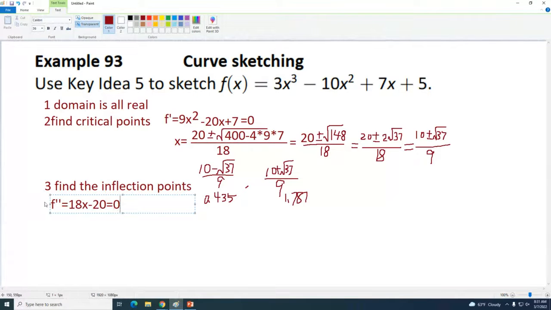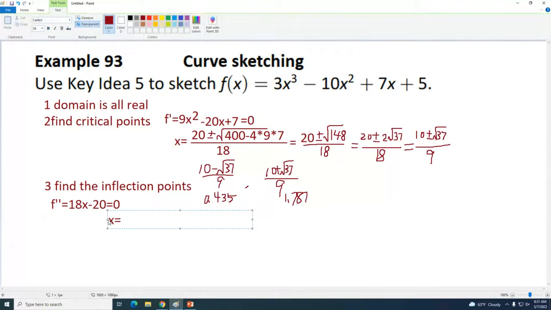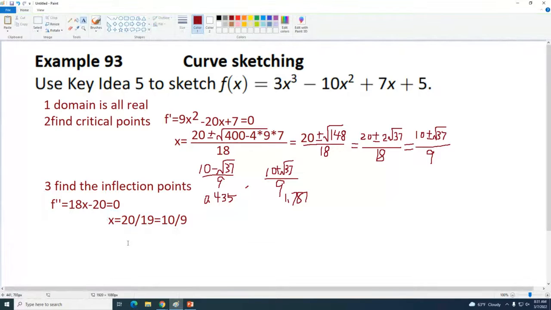We set this equal to 0 to find the inflection point. And that's degree 1, so it's easy to solve for it. You have x equal to 20 divided by 18, or 10/9. And that should remind you of something.